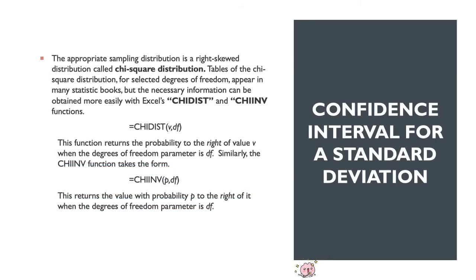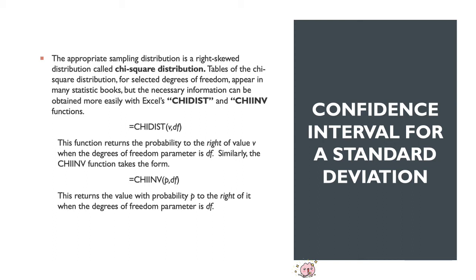Interval for a standard deviation. The appropriate sampling distribution is a skewed distribution called the chi-square distribution. Tables of the chi-square distribution for selected degrees of freedom appear in many statistics books, but the necessary information can be obtained more easily with Excel's CHIDIST and CHIINV functions.